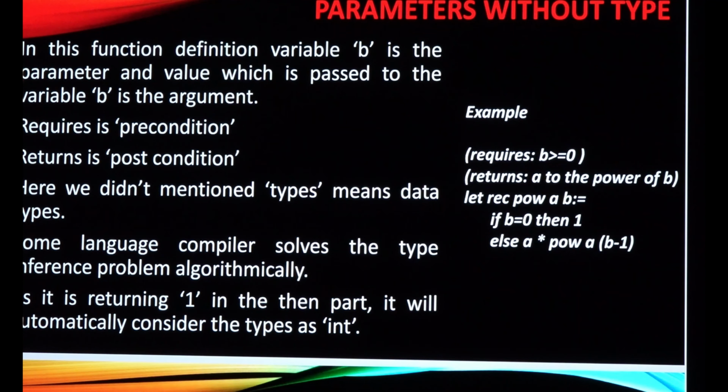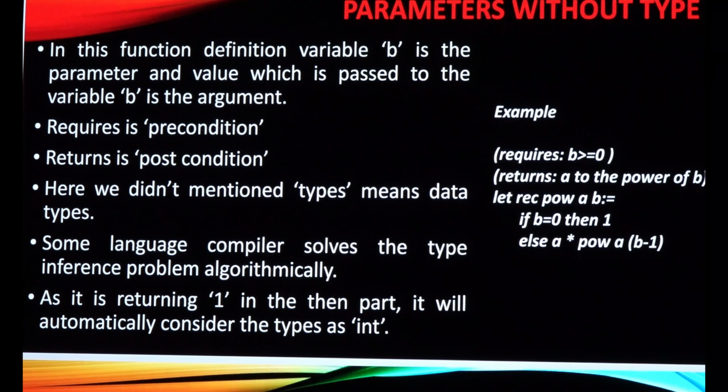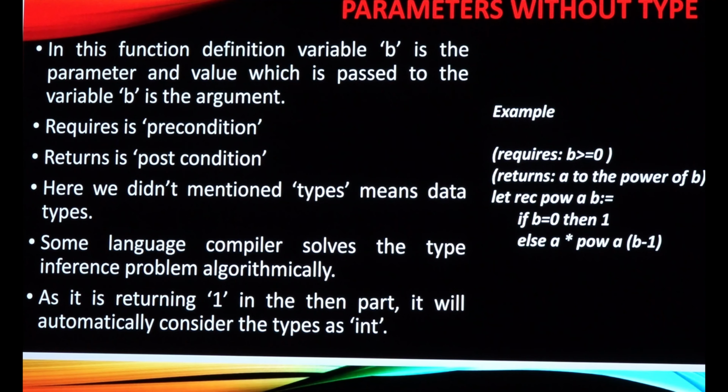Now 'requires' is the precondition, in single quotes. Here 'returns' is the postcondition, also in single quotes, right? Here we didn't mention the types, meaning data types. You see the program on the right-hand side: requires a, b greater than or equal to 0, returns a to the power of b. Here, let rec power a, b := if b = 0 then 1 else a * power(a, b - 1).